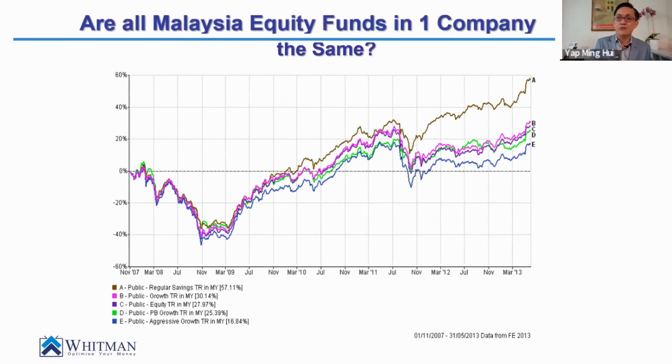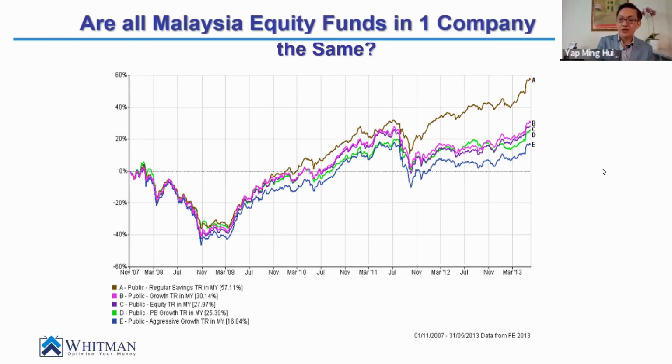Fund A performs very well compared to E, which performs quite poorly, giving a return of about 16%, while A is giving a 57% return over a 5-year period. Okay, so in this case, obviously A is the best of breed fund in company A.